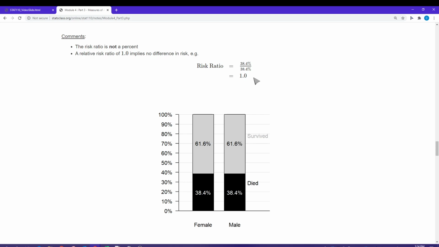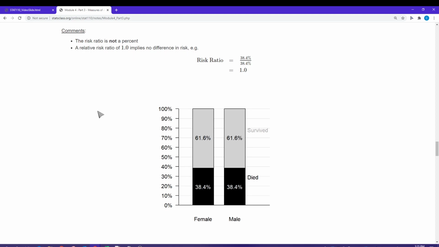When I'm talking about differences, no difference in the risk is going to be 0, my baseline value. But no difference in risk when I'm looking at a ratio is going to be 1. So values near 1 are going to imply no difference in risk, and values far away from 1 would imply that there is a difference in risk.